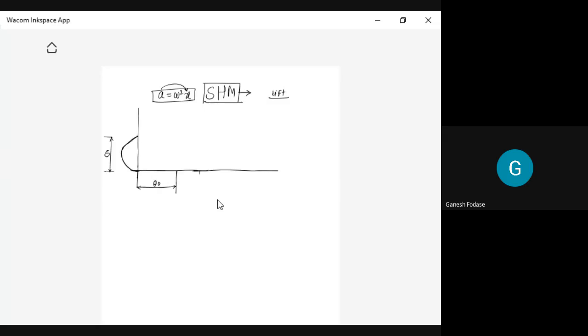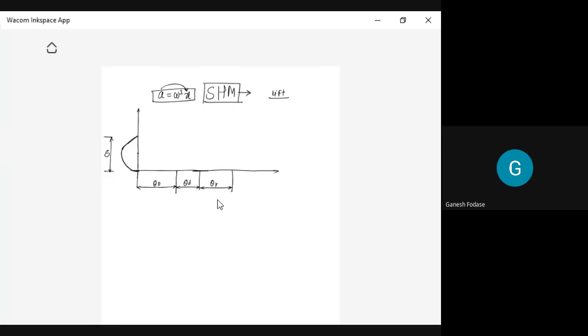Let's say theta O is 90 degrees, theta D is some angle, let's say 30 or 40 degrees, and theta R is also given to you. According to that, I will draw the cam angles on the x-axis. So first step, while drawing the displacement diagram, on the y-axis draw a semicircle equal to the lift of the follower. On the x-axis, mark the cam angles.